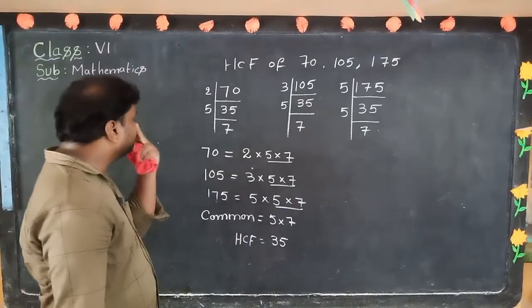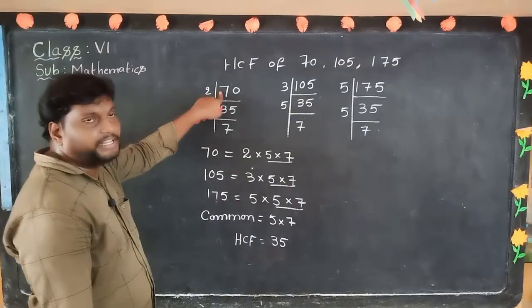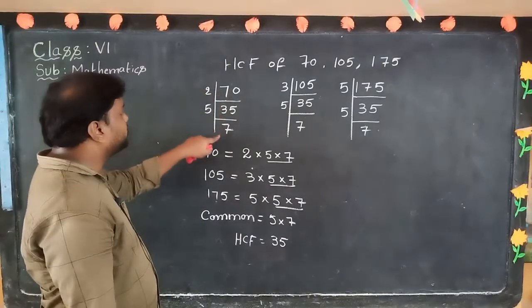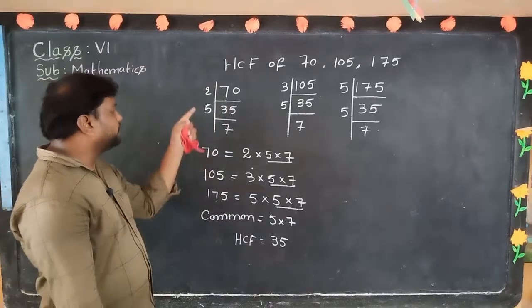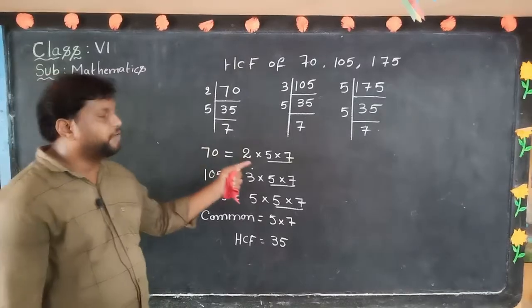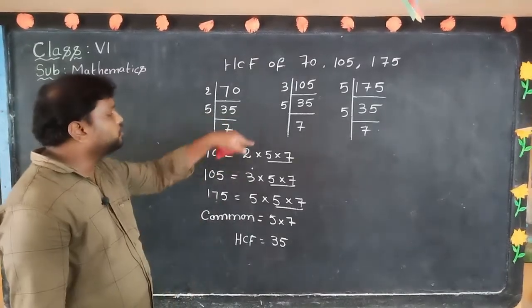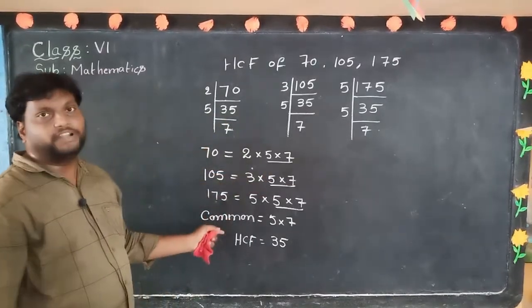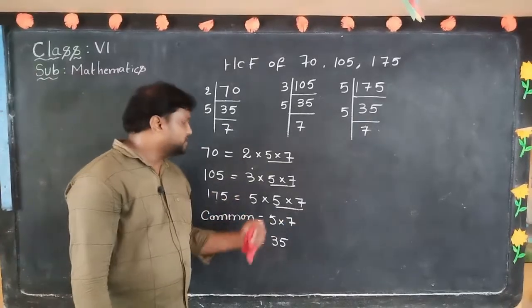Just observe once again. 5 times 7 is 35. We are taking the product of the common prime factors. 70 is 2 into 5 into 7, 105 is 3 into 5 into 7, 175 is 5 into 5 into 7.